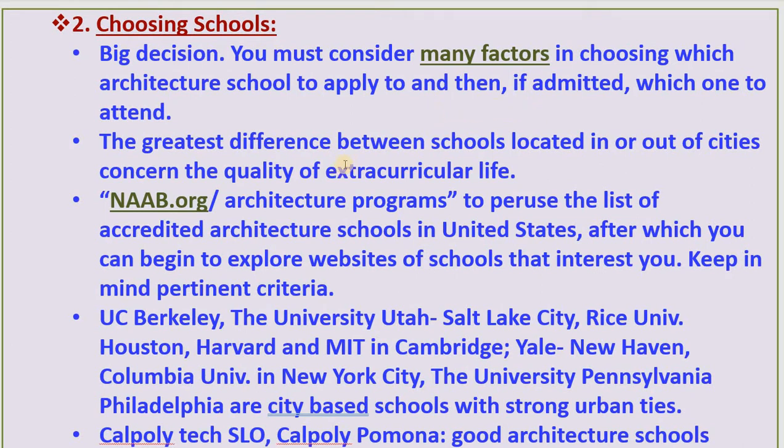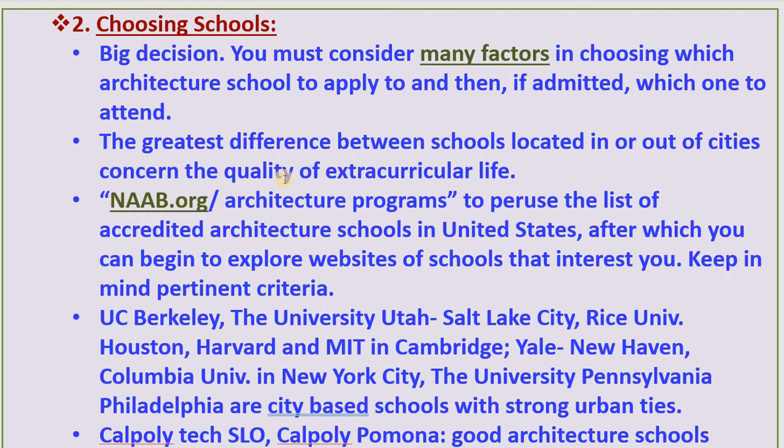But some schools have the architecture major, and some schools don't. So before you plan to study architecture, you need to search and make sure which university or college, state college or state university, has the major, and you can search and apply.